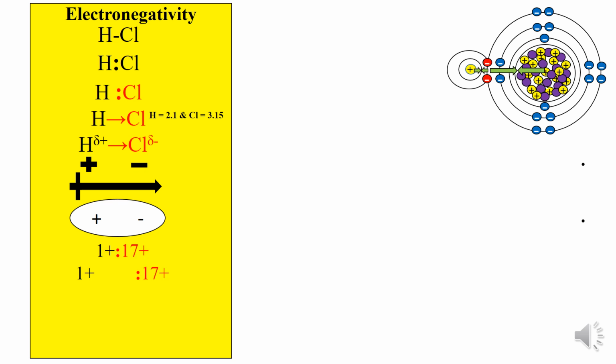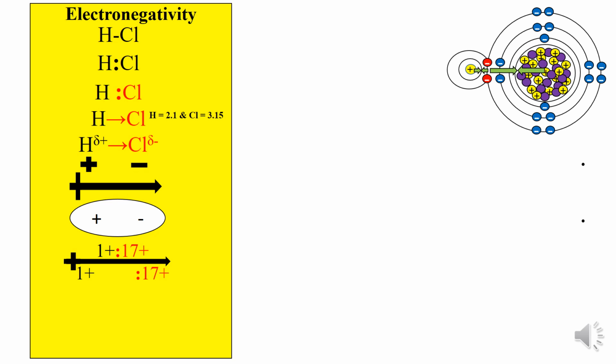And as a result, the shared pair of valence electrons is pulled closer towards the chlorine atom. So the chlorine atom with 17 protons in its nucleus wins the tug of war due to the Coulombic force of attraction towards the shared pair of bonding valence electrons, and hydrogen with only one proton is just a mute spectator, watching the shared pair of electrons move towards the chlorine atom.